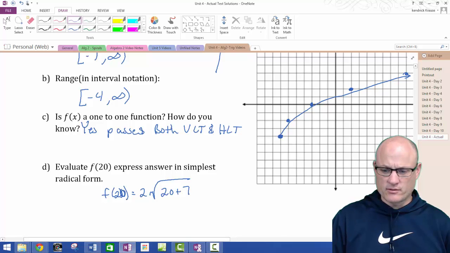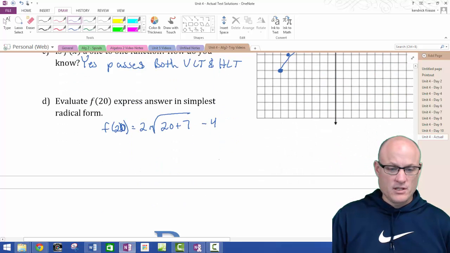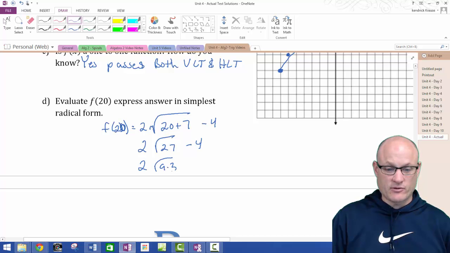This was a square root, right? Minus 4. Well, this is really 2 square roots of 27 minus 4. And this is really 2 square roots of 9 times 3. The square root of 9 is 3, minus 4. So I get 6 square roots of 3 minus 4.